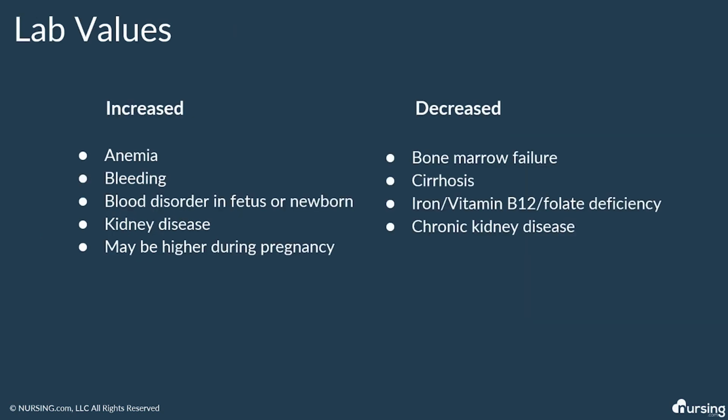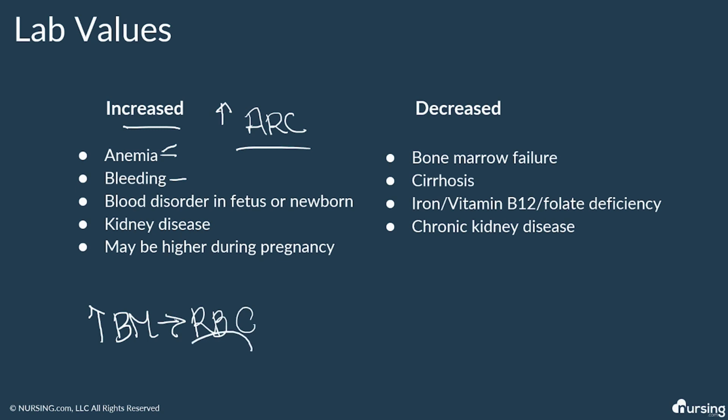When this lab value is increased, when we have an increase of the absolute reticulocyte count, that can tell us about anemia, like we talked about, and more particularly the cause, whether it's pernicious anemia, hemolytic anemia, etc. Also, it will be increased if there's bleeding or hemolysis. The body senses that red blood cells are missing and calls on the bone marrow to increase red blood cell production.